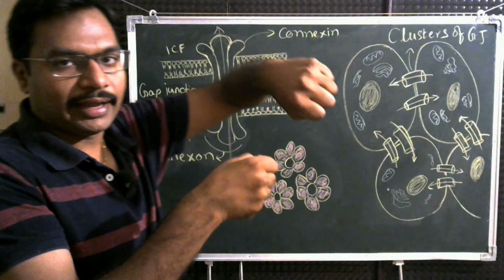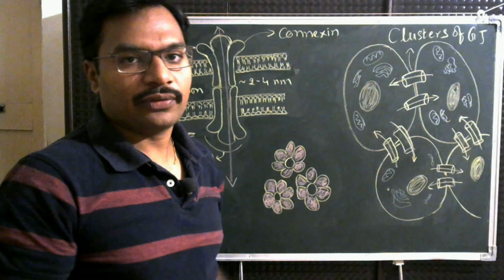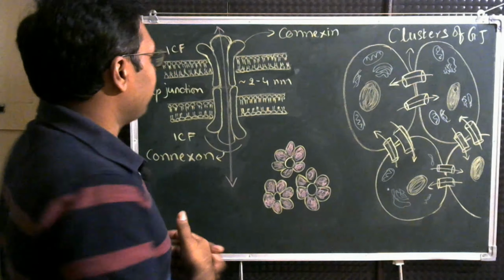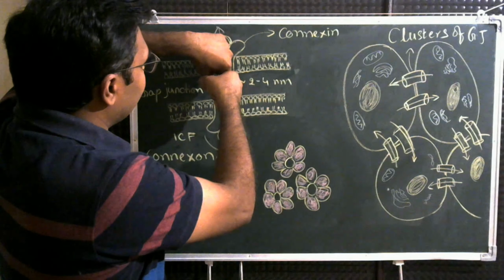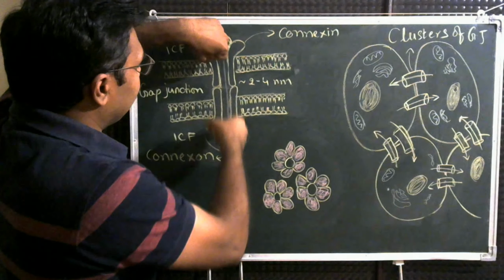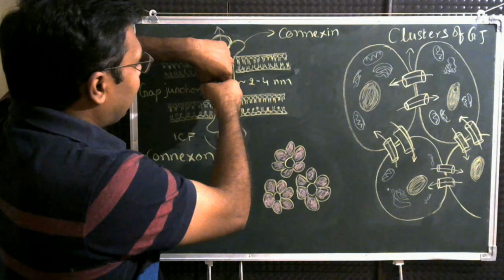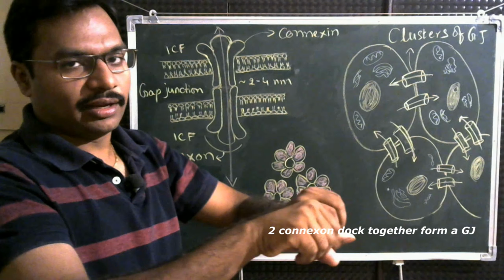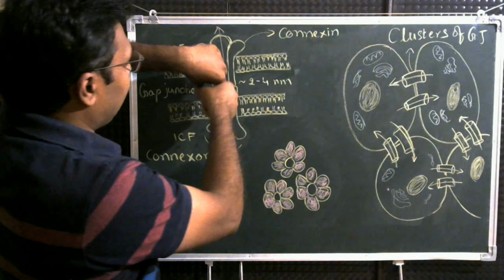Each connexon has six subunits of connexins, which are integral membrane proteins, and these two connexons unite together and dock face to face, forming one channel. So this is a channel now.